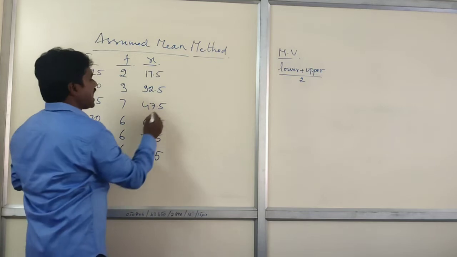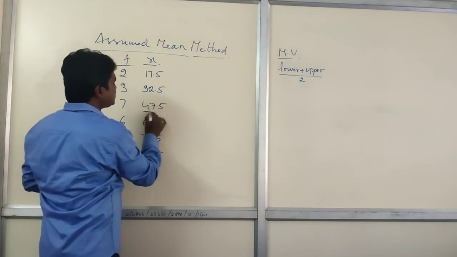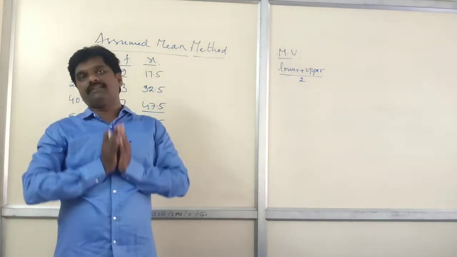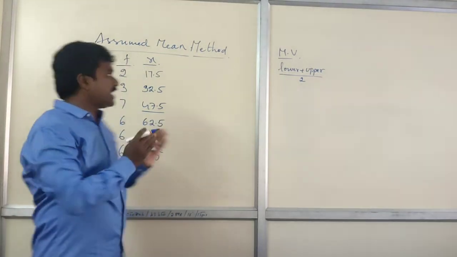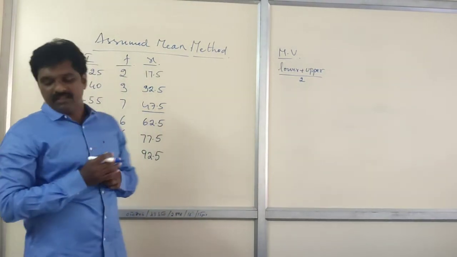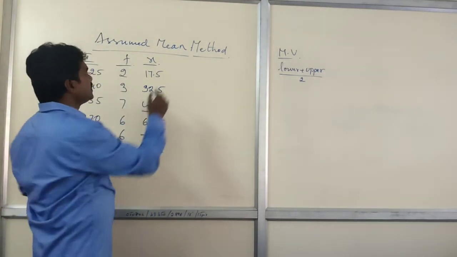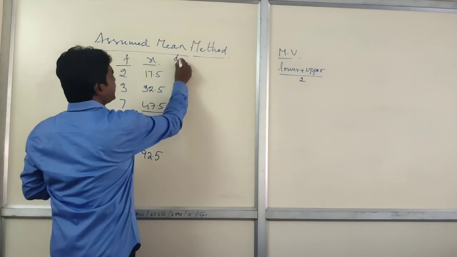So here I am using 47.5 as the assumed mean, and based on that assumed mean, we have to make the deviations. Is it clear?